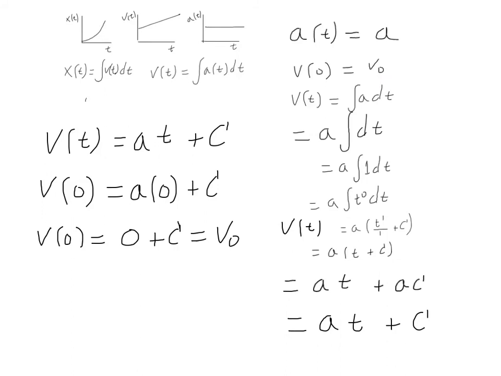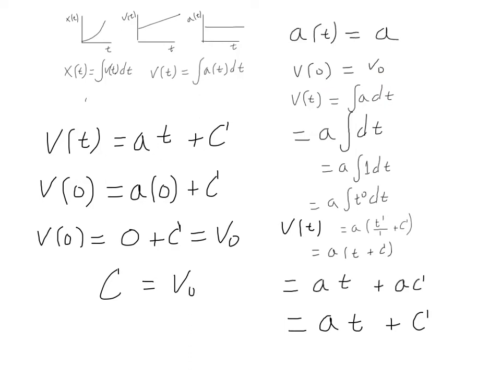So when we plug in 0, a times 0 is going to be 0, and so our equation when we plug in t equals 0 is just equal to c, but that has to be equal to v naught. So in fact our boundary condition told us that c equals v naught.